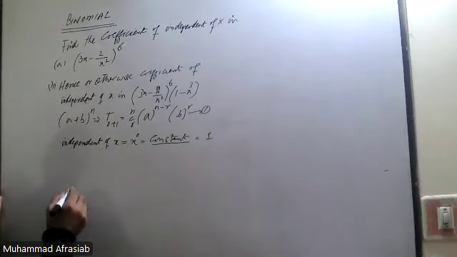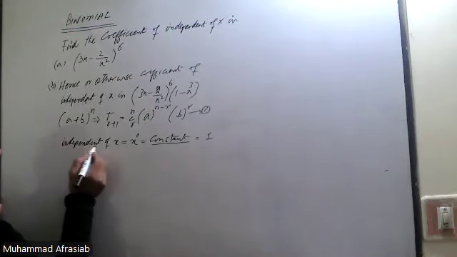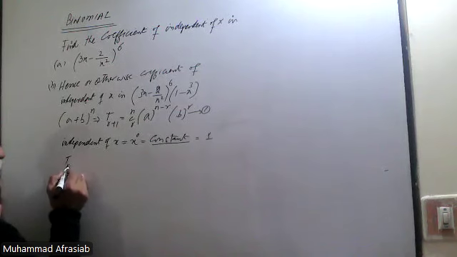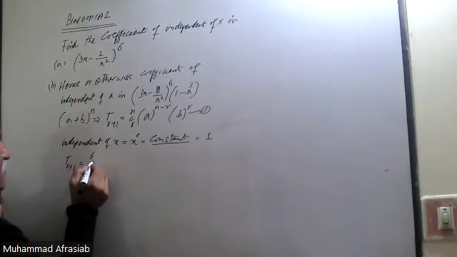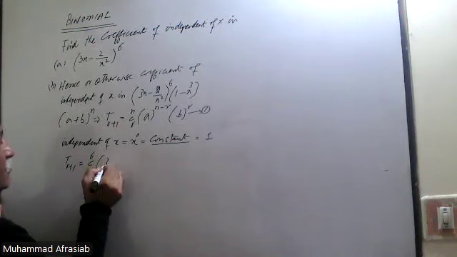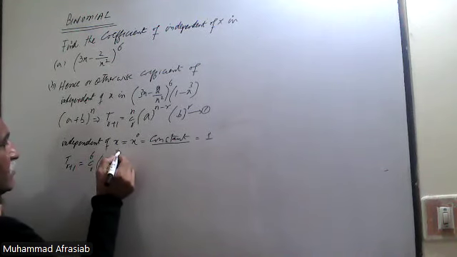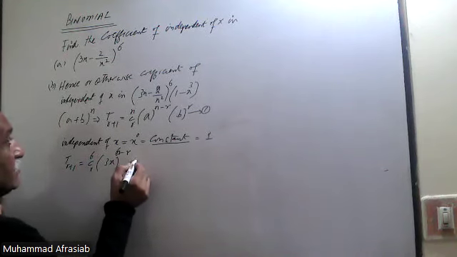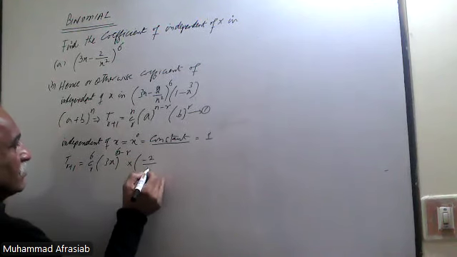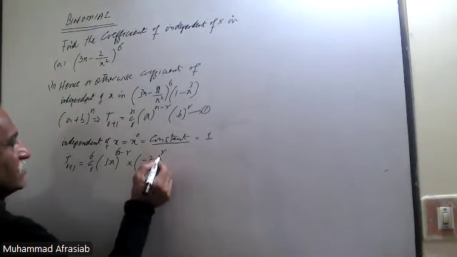Because we don't know where this will occur, we use this formula T(r plus 1) equal to 6Cr into (3x) power 6 minus r into (minus 2 over x squared) power r.